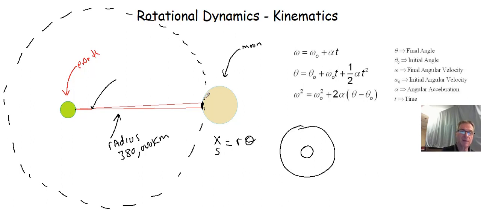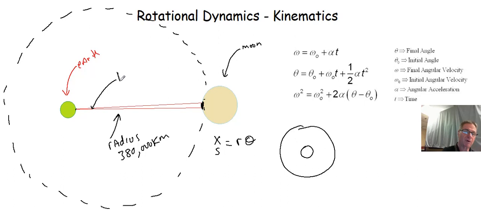This being theta, this being sort of an arc length. And of course we know the radius, because it would be the length from the Earth to the Moon.